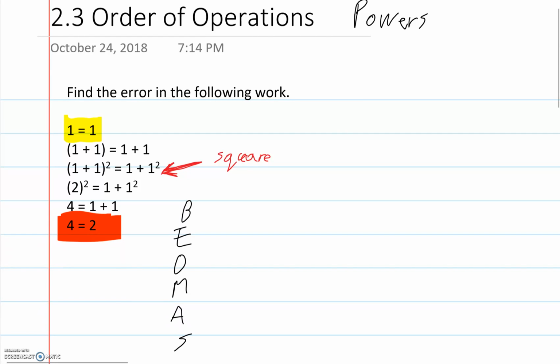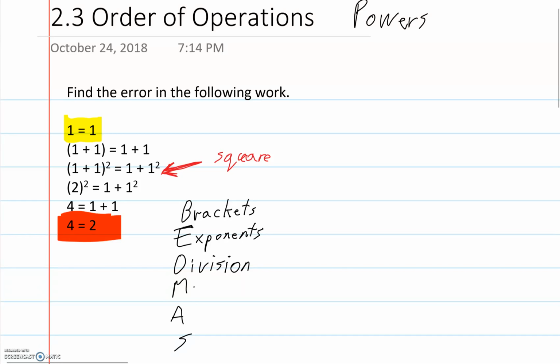So BEDMAS stands for the order of how you have to do things. B is for brackets, E is for exponents, D is for division, oh, my pen isn't working perfectly, that's why there's no I's.